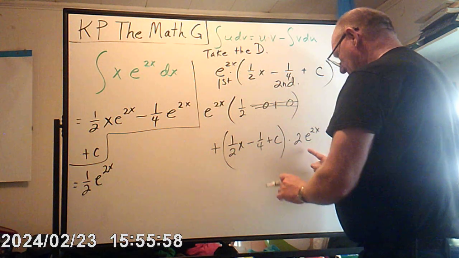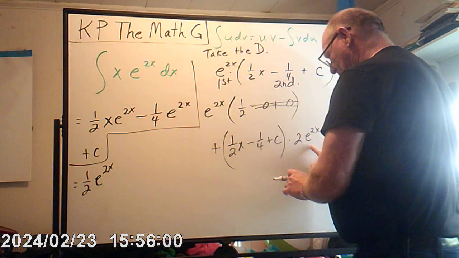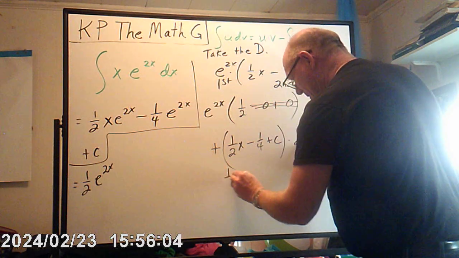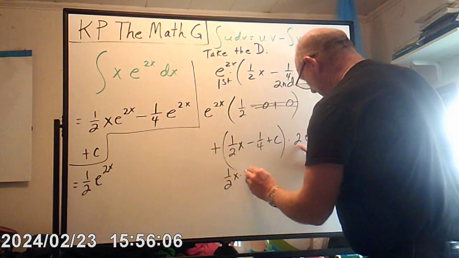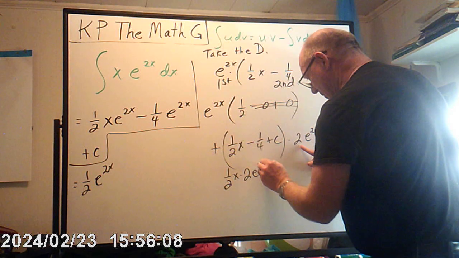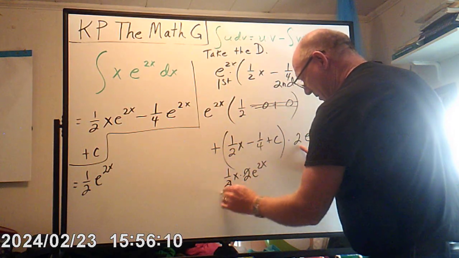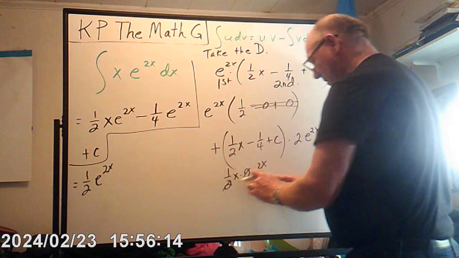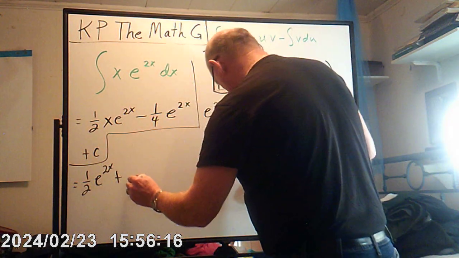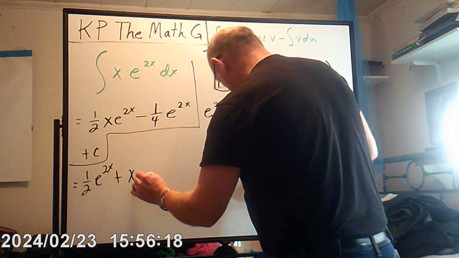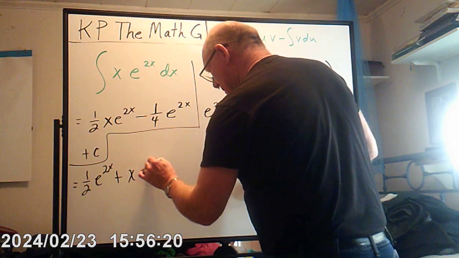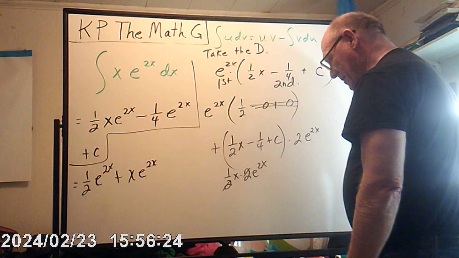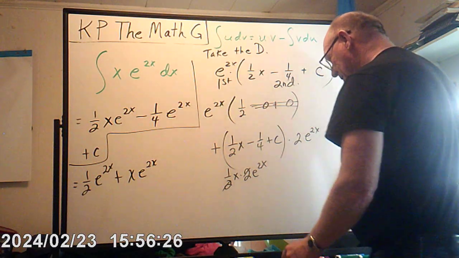Alright. Now let's see. Let's multiply 2 times 1/2 x. So 1/2 x times 2 e to the 2x. Those 2's will divide out. That's x e to the 2x. So plus x e to the 2x.